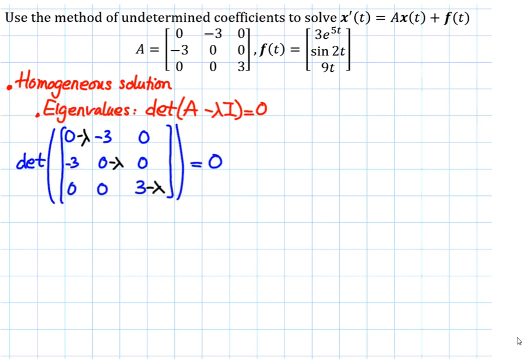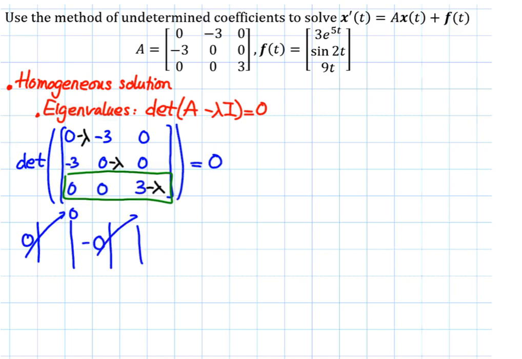I will just, based on any row or any column, I will use the last row. It doesn't really matter. If we use this row, we're going to have 0 times the 2 by 2 matrix, which goes to 0, and then minus 0 times a 2 by 2 matrix, which will go to 0, and then we have plus 3 minus lambda.